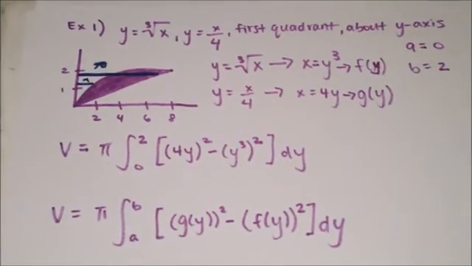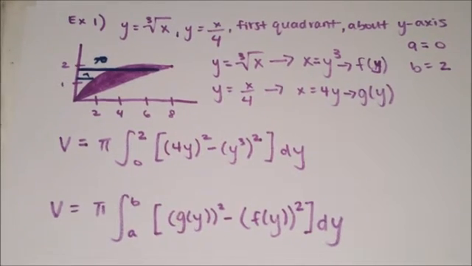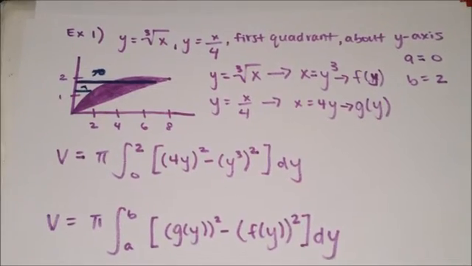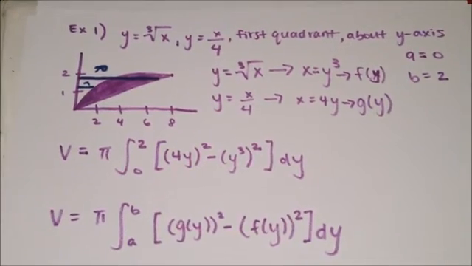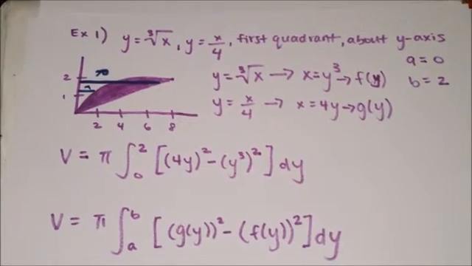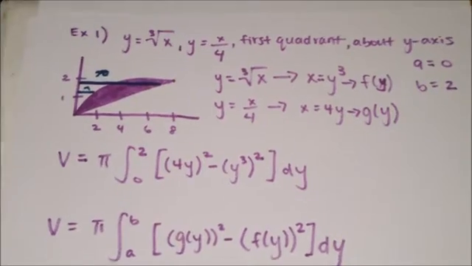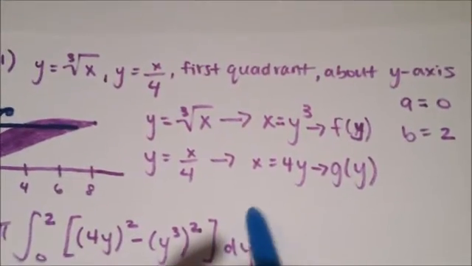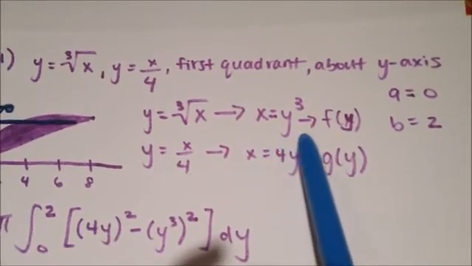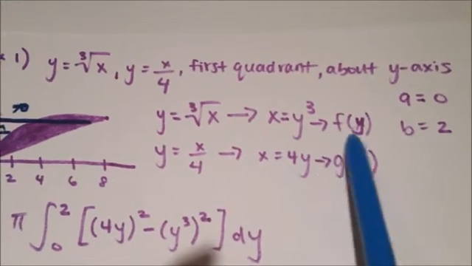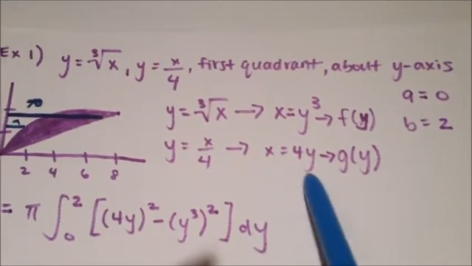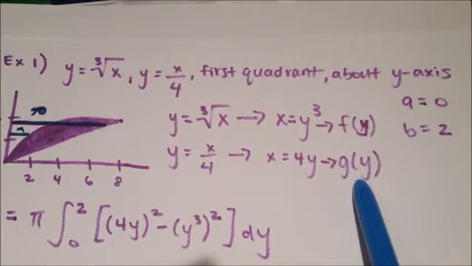But a really neat way to save some time when you're taking the AP test is to store your functions into your calculator, and that will save a lot of time plugging in numbers. As you can see, what I did here was I stored x equals y cubed as f of y and x equals 4y as g of y.